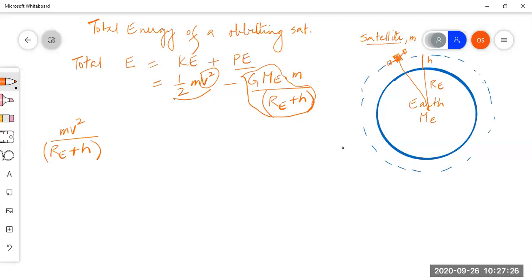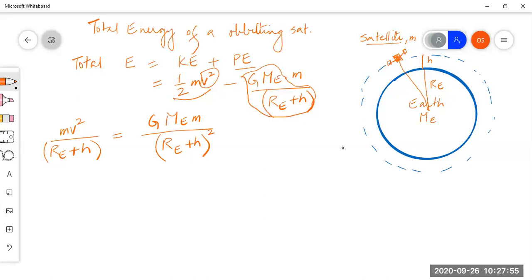This is provided by the gravitational pull exerted on the satellite by the center of the Earth, given by the universal law of gravitation, G M e m divided by the square of the distance between the two bodies, Re plus h whole square.